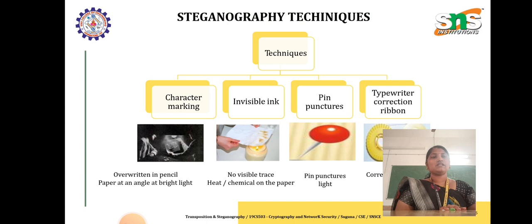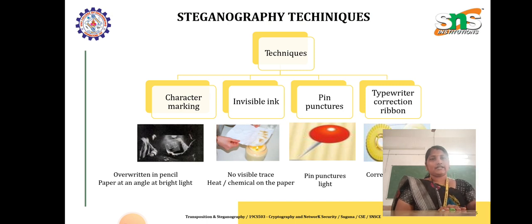Character marking means selected letters of printed or typewritten text are overwritten in pencil, and they are only visible when you provide a bright light on those letters. Next is invisible ink, which means visible traces appear only when some chemical is applied to that letter.